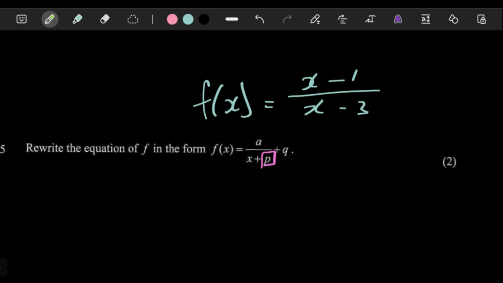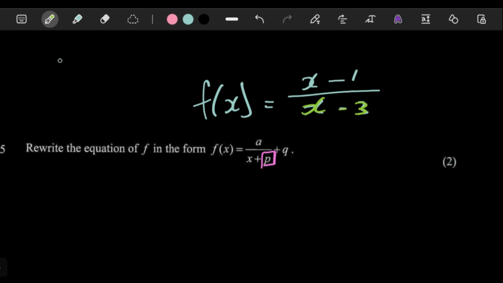So the first thing you want to do is look at the bottom and identify what is there. You have x minus 3. So you want to rewrite the top in such a way that x minus 3 is there, but you don't want to neglect the negative 1. Fortunately, the x is there. So one way or the other, you want to write negative 1 in terms of negative 3.